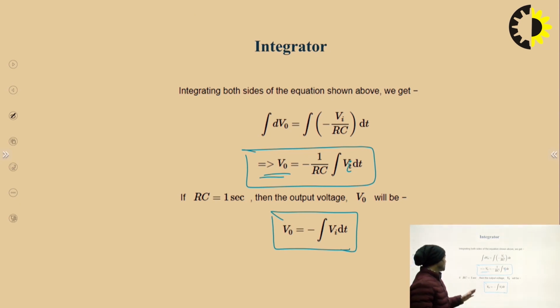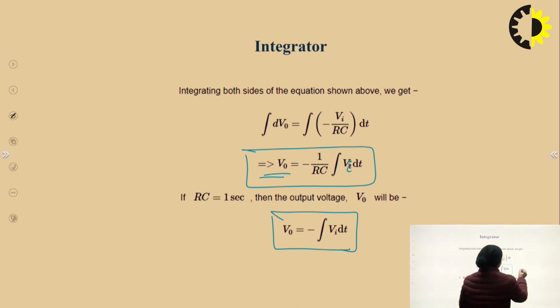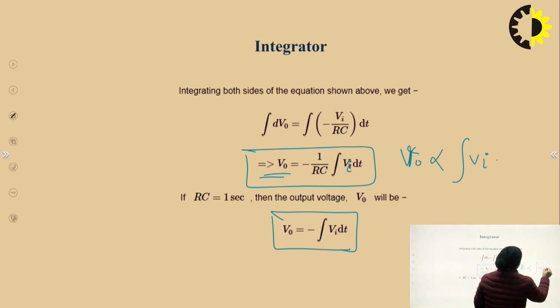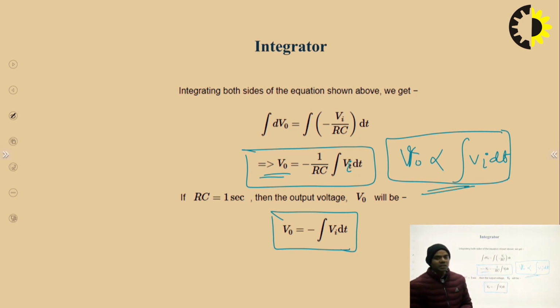One more thing is that if you consider any value of RC, V0 is always proportional to the integration of VI dt. So due to this reason, this circuit is called an integrator circuit.